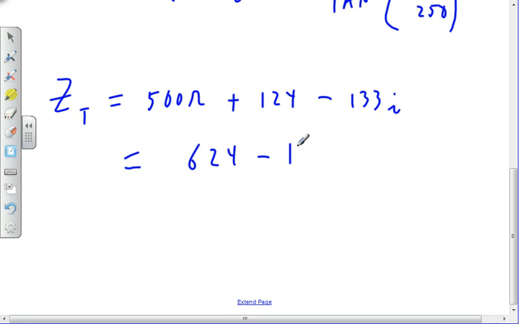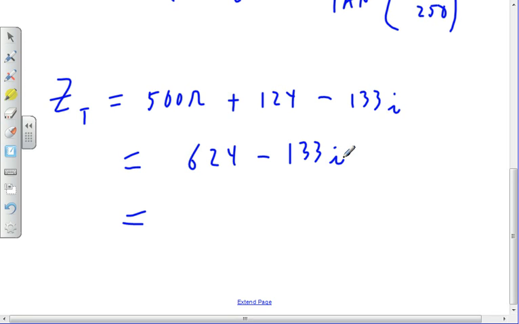624 minus 133 I. We're going to do a rectangular to polar conversion. Oh, I didn't do that right. 624 XY key 133 with a minus, equals, third function.